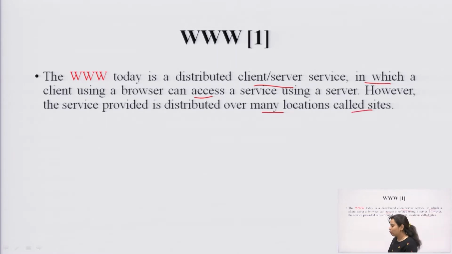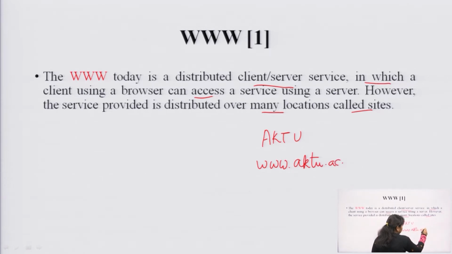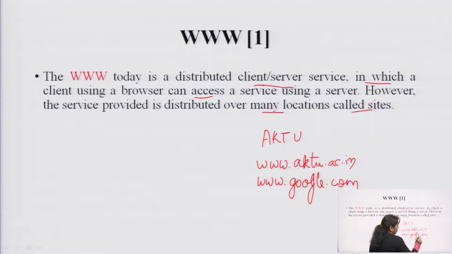Let us say I want to access the AKTU site. What do I have to write? I have to write www.aktu.ac.in. If I want to access any other site, like www.google.com, you can see there is a difference in the syntax, in the extensions written after a particular name.